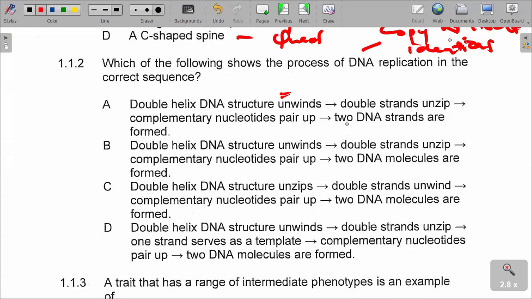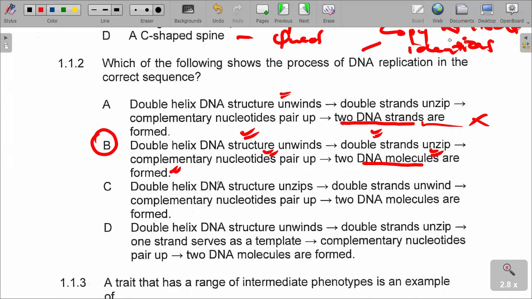What is different here is that we don't form two strands. Two strands is where it is wrong, but we talk about two DNA molecules. Two DNA molecules are formed, not strands. It is not strands that are formed, but molecules. So we can agree that for this question, answer B is correct: double strands unzip, complementary nucleotides pair up, and then two DNA molecules are formed, which is also correct.